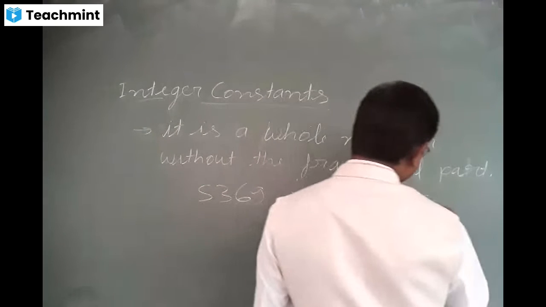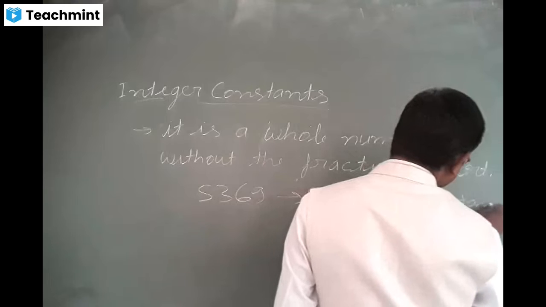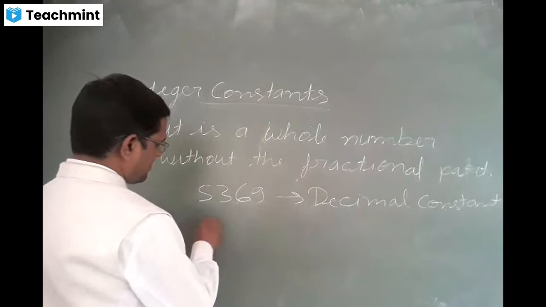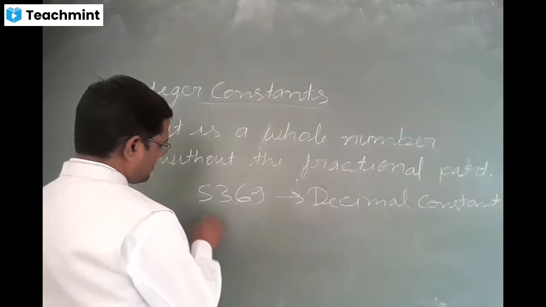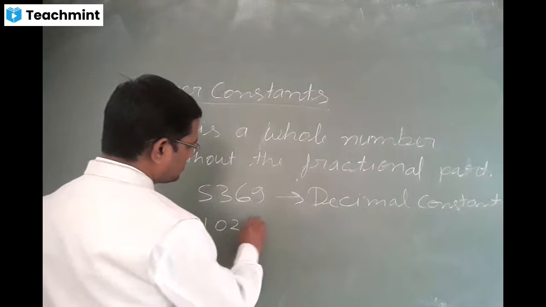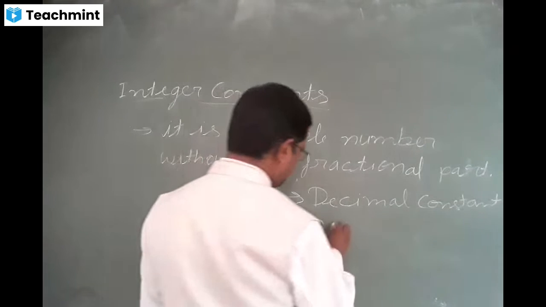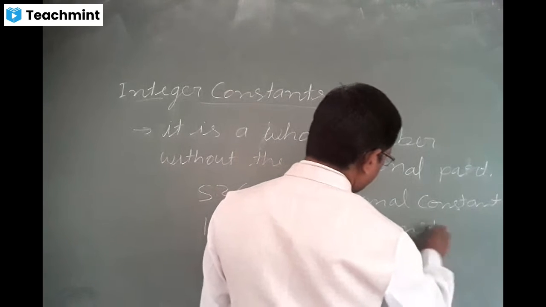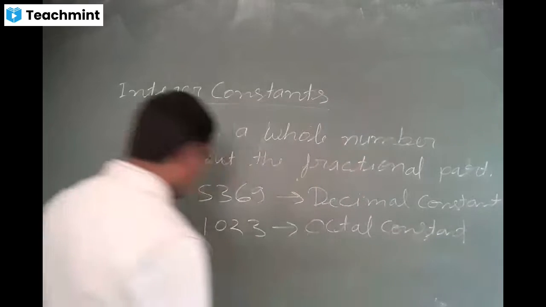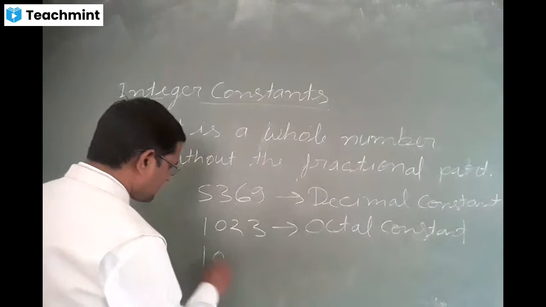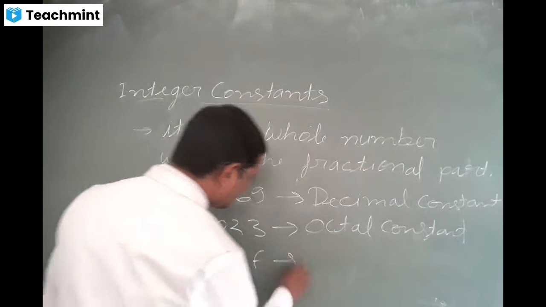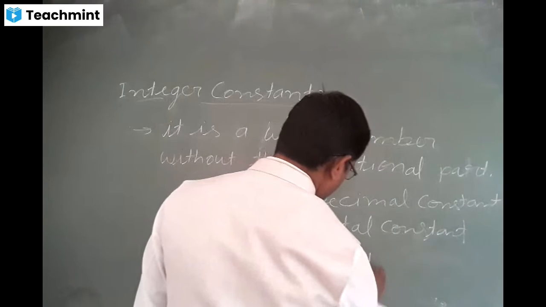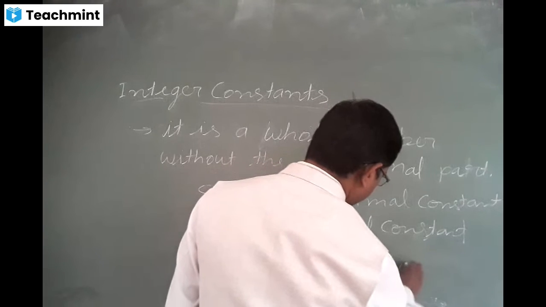Another, we write 1023. This is the octal constant. And another like A and F. This is the hexadecimal constant.